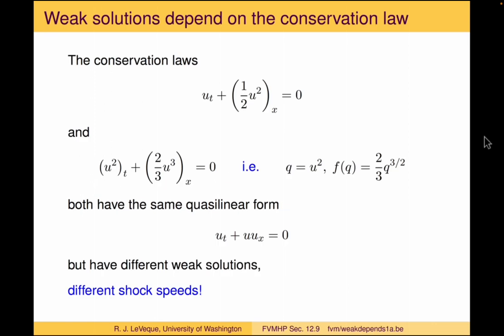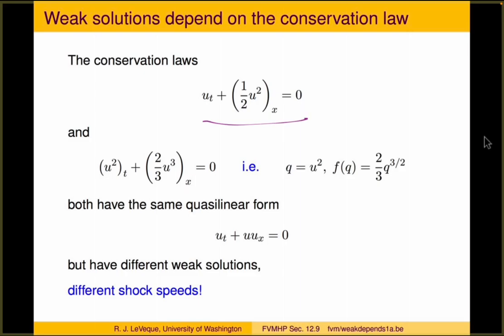Well, to just give you a hint of why you shouldn't expect necessarily to get the right answer here, if we look at this conservation law, Burgers' equation in conservation form, you can take another equation, this one here, (u^2)_t + (2/3 u^3)_x, and that's an equation that's in conservation form.